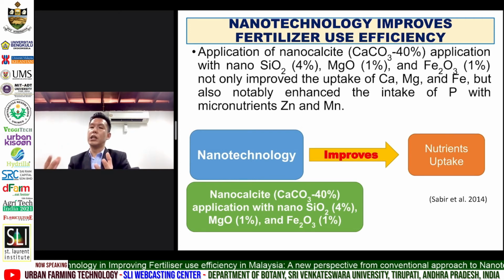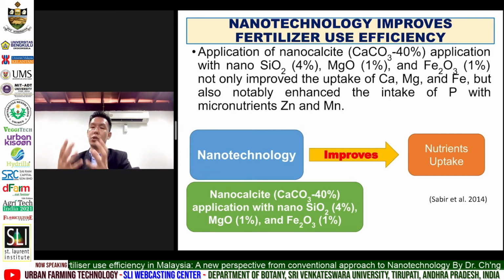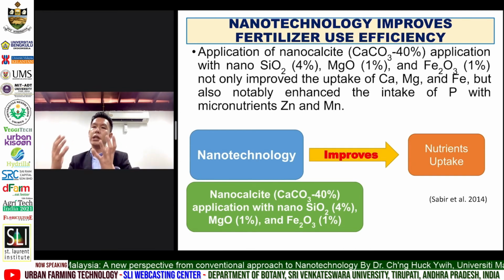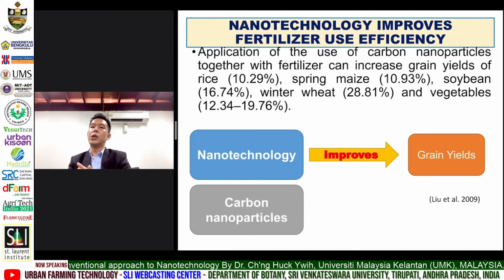Because in this case, once you improve the uptake of nutrients into the plant, it can use them to produce more yield. So in this term, it will improve the fertilizer use efficiency. In the next study by Liu et al. 2009, the application of carbon nanoparticles together with the fertilizer improved the grain yield and fertilizer use efficiency significantly.